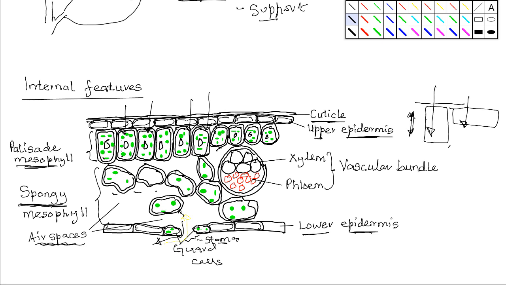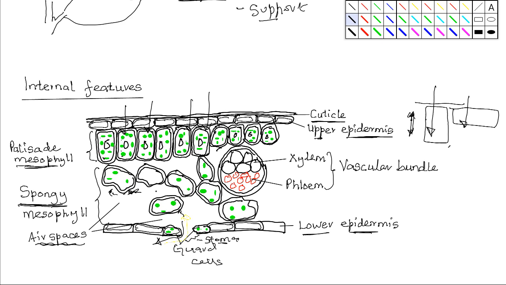So these are the adaptive features of the leaf, and each feature plays a role in the process of photosynthesis. Most leaves have these adaptive features to enhance it.